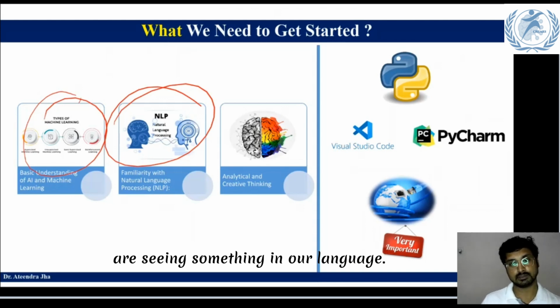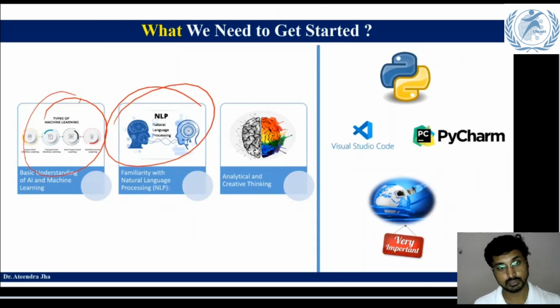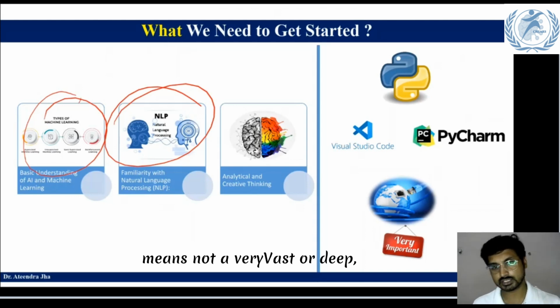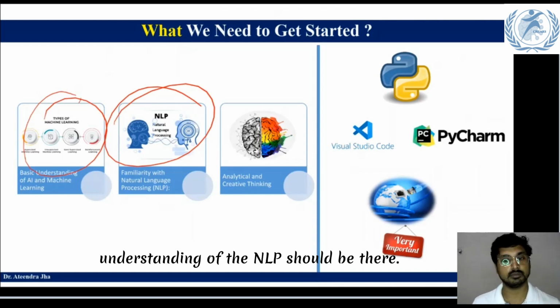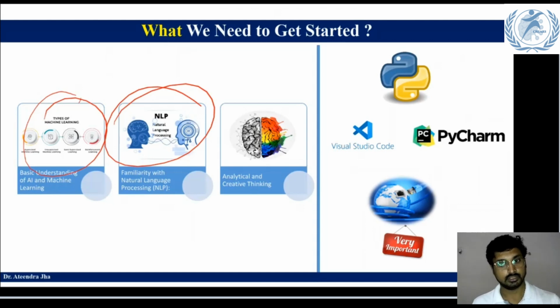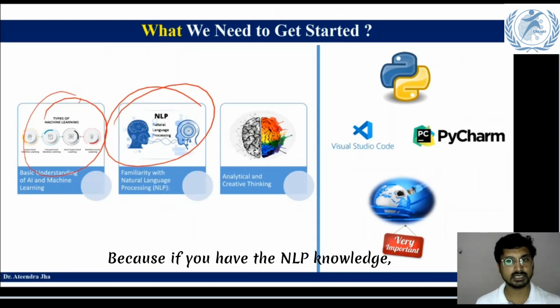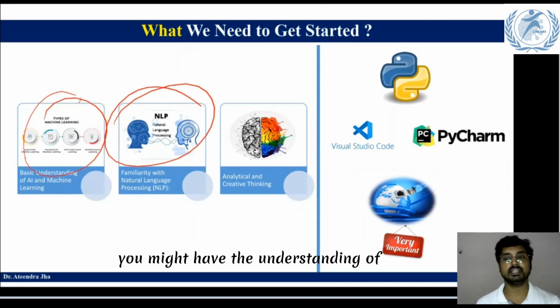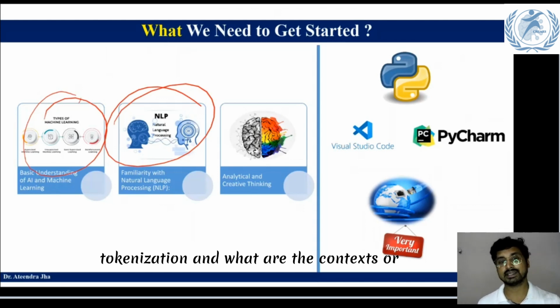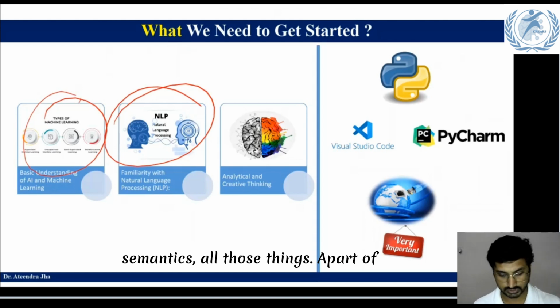We are saying something in our language. So NLP not very vast or deep, but yes, an introductory understanding of NLP should be there. Because if you have NLP knowledge, you will understand tokenization, context, semantics, all those things.